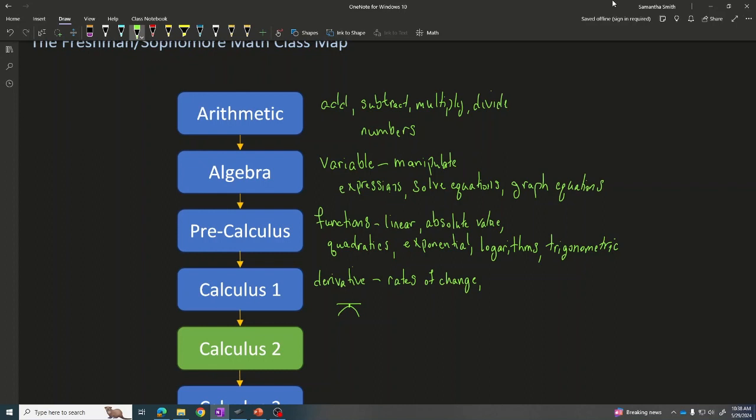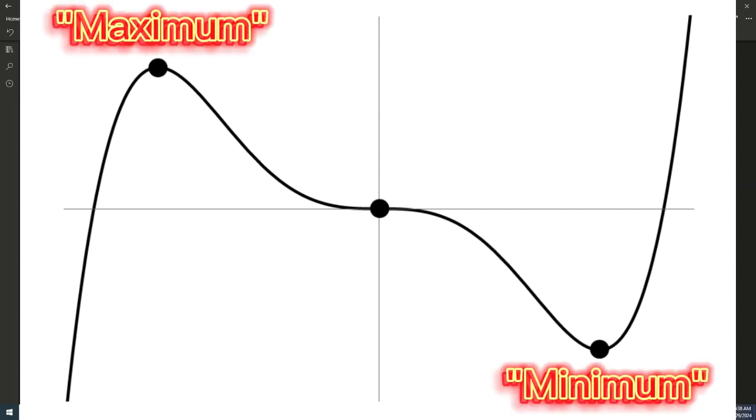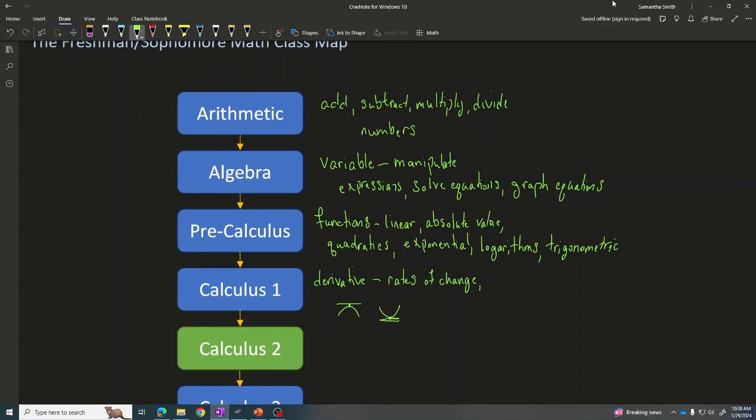And when the tangent line had a slope of 0 and the tangent line was horizontal, that was a sign that you were probably dealing with the lowest point on a graph or the highest point on a graph. Maximum or a minimum is what we said using the mathematical terminology.